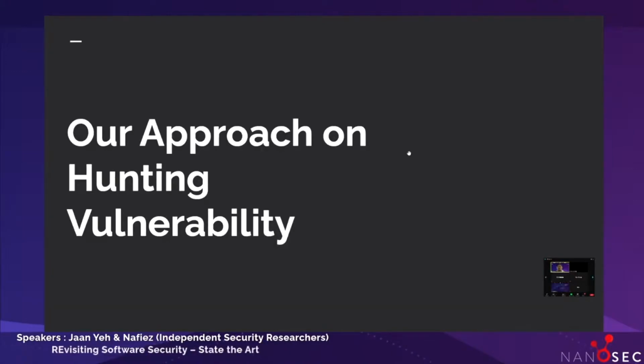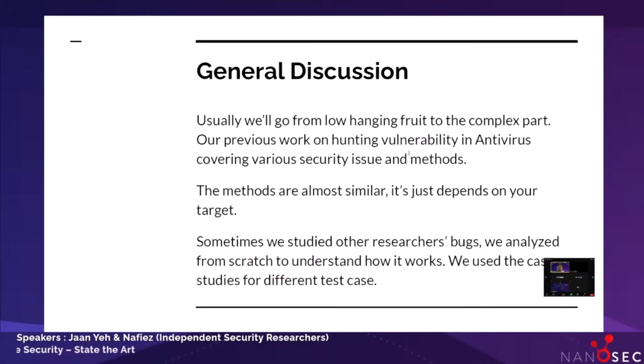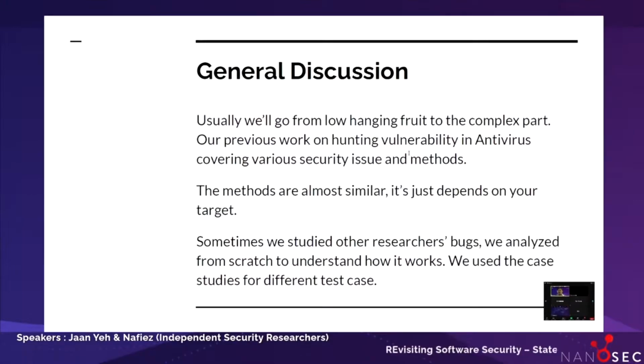Next, we will share our approach on hunting vulnerabilities. Usually, in hunting for bugs, we go for low-hanging fruit, then move to the more complex parts. One of our previous works was on hunting vulnerabilities in antivirus, covering various security issues and methods.